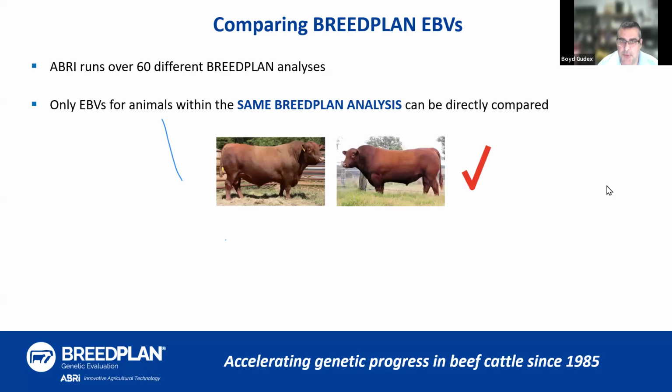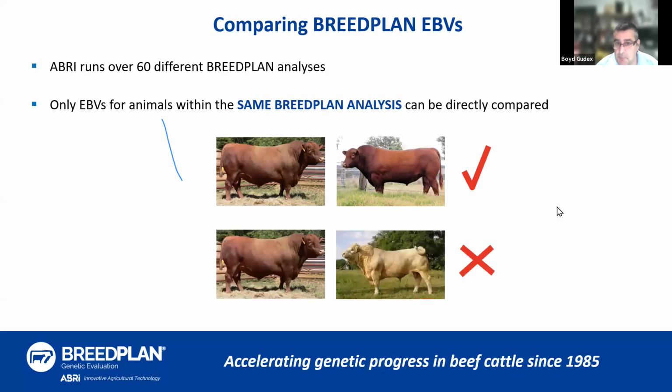So if you've got two South Devon bulls in a UK analysis, yes, they can be directly compared against each other because their EBVs are from the same analysis. But if you've got a South Devon bull and a Charolais bull, in this case a Hungarian Charolais, no, their EBVs cannot be directly compared because they are from a different analysis. And yes, it is possible to combine animals into the same analysis, but that's a whole other topic.